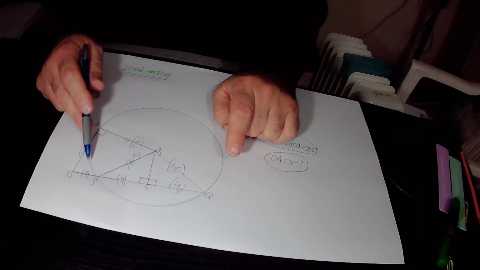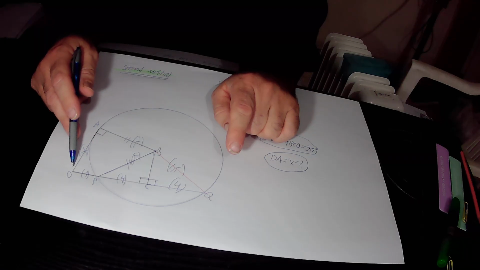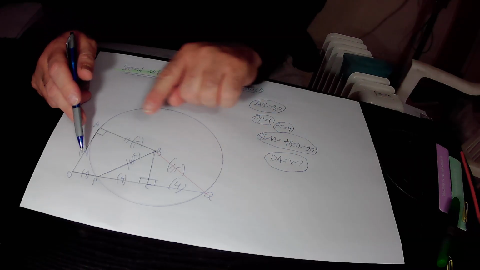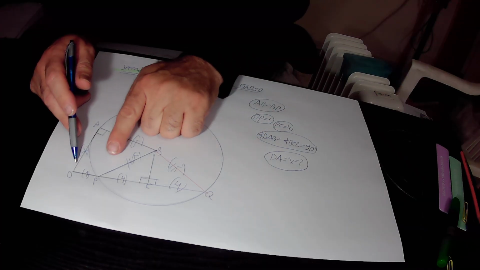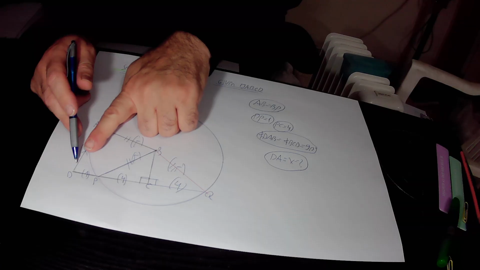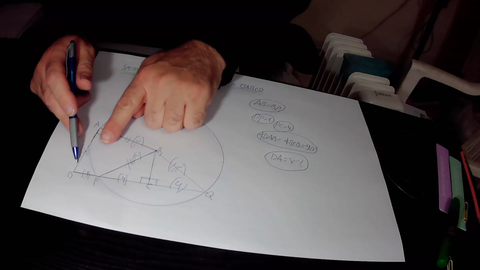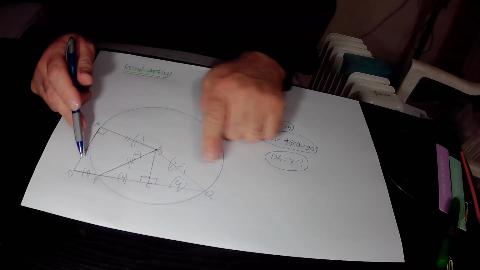According to the theorem, DA squared, the length of the tangent squared, equals DP times DQ, the product of the external part of this secant times the length of the secant in total.